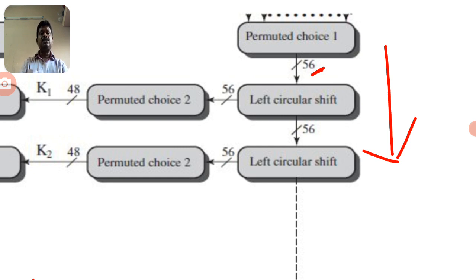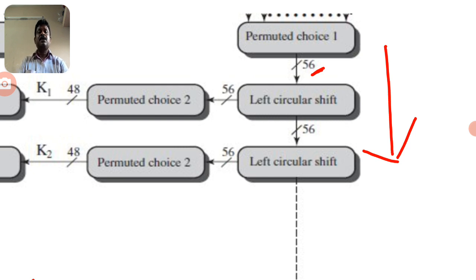So using permuted choice 1, permuted choice 1 derives the 56 bits, you can observe in the diagram. In the initial one, only 56 bits are taken from the 64. So what about the remaining bits? Which bits can we delete from the 64?